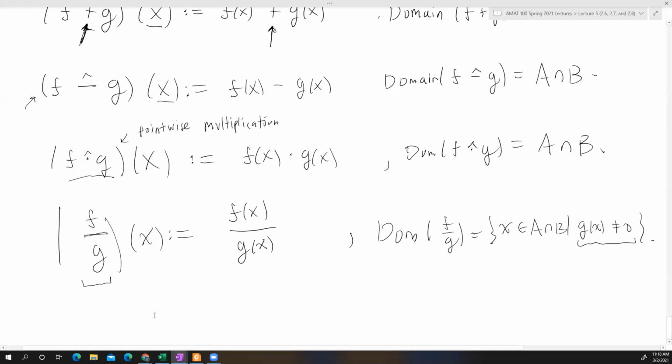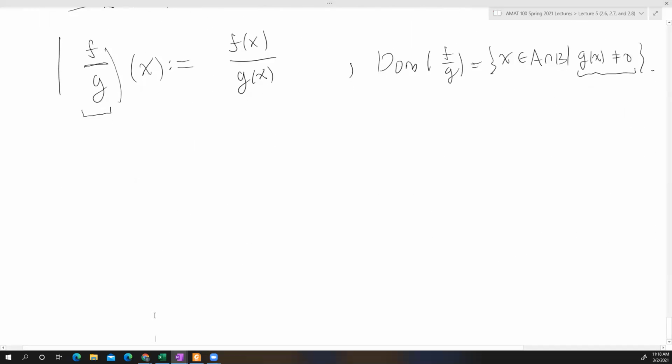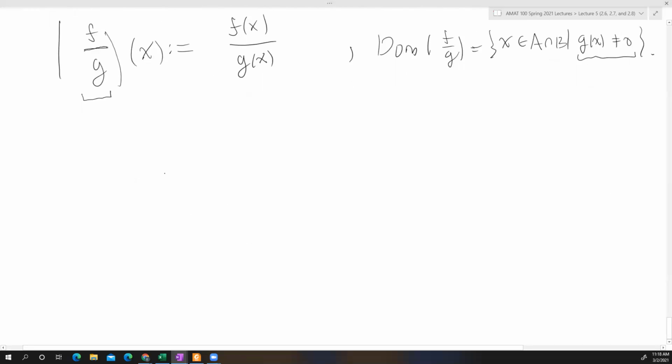So let's look at a couple of examples. This is example 1. We have f of x equals 1 over x minus 2.